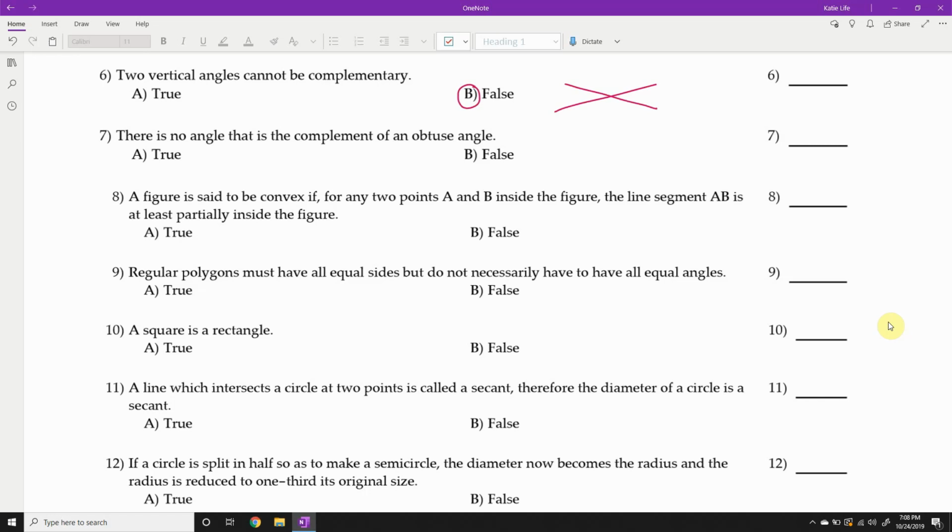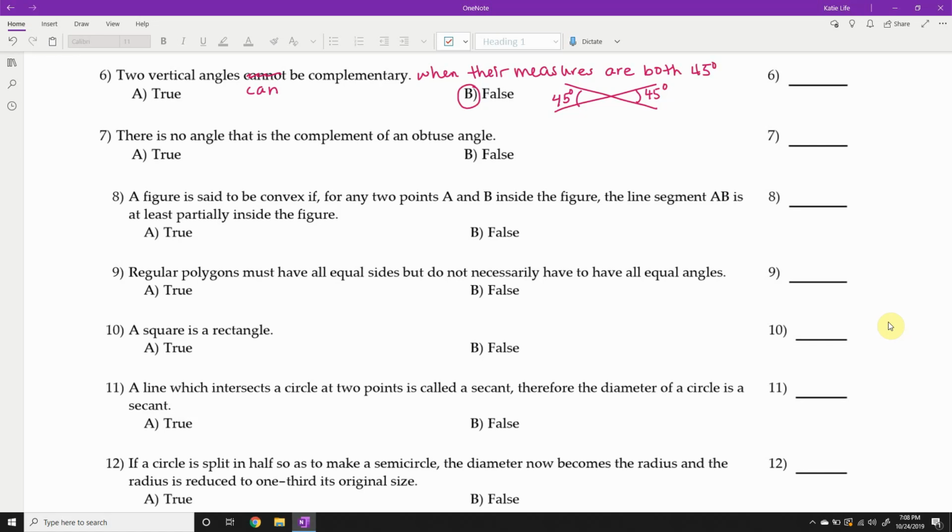Well, if the two lines intersect in such a way that we have a 45-degree angle directly across from another 45-degree angle, well, 45 plus 45 is 90. Those would, in fact, be complementary angles. So two vertical angles can be complementary when their measures are both 45 degrees.